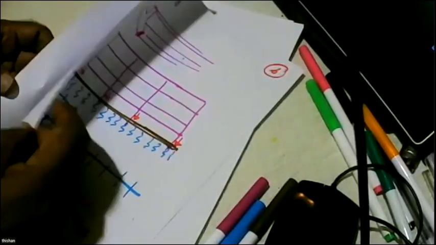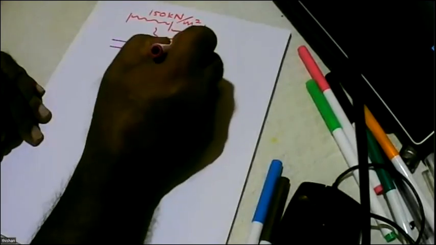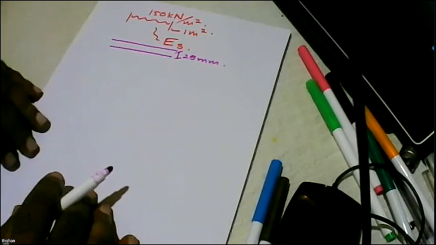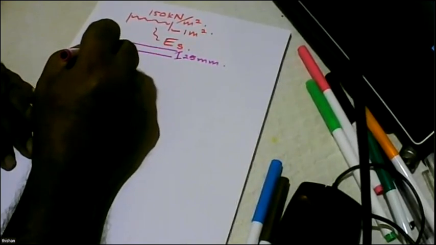The actual meaning is, if I apply a load of 150 kilonewtons per meter square, so 1 square meter, there will be certain elastic modulus of soil, and we know deflection is related to the elastic modulus, and the corresponding deflection due to this elastic modulus, whatever the value available with the soil, will be limited to 25 millimeters.